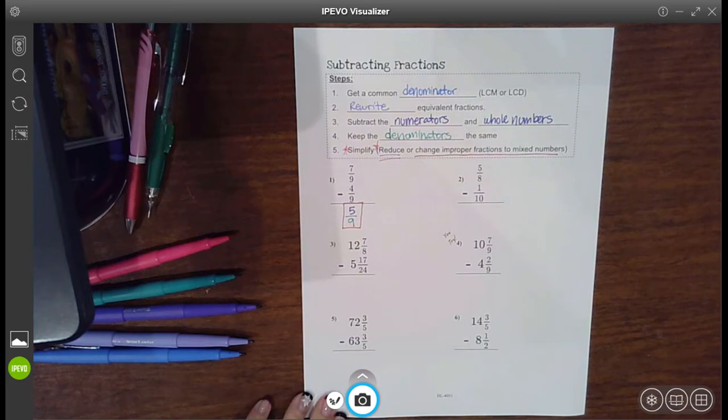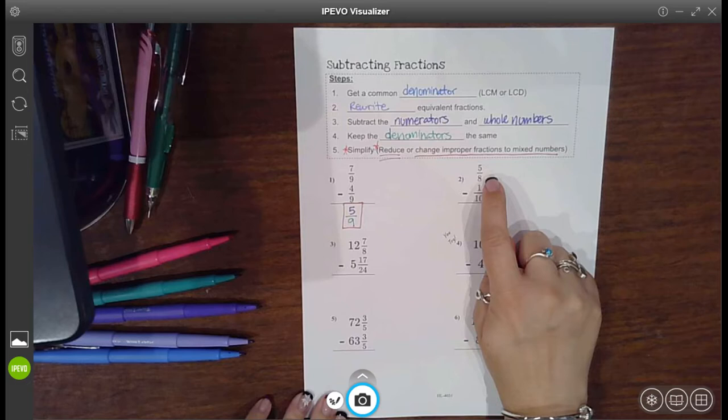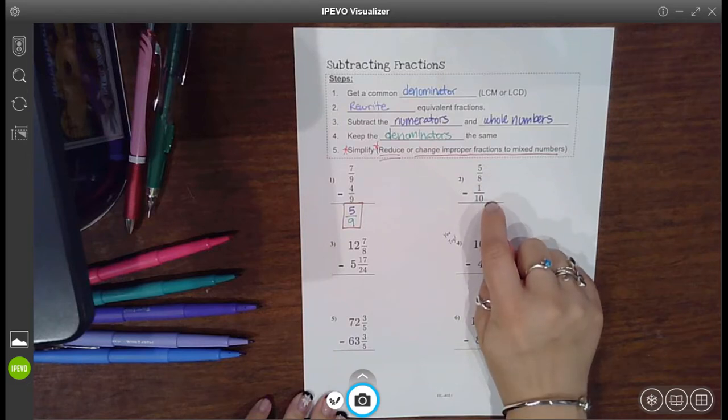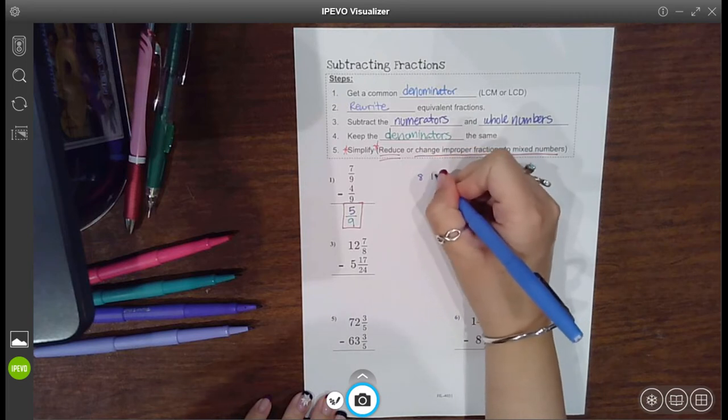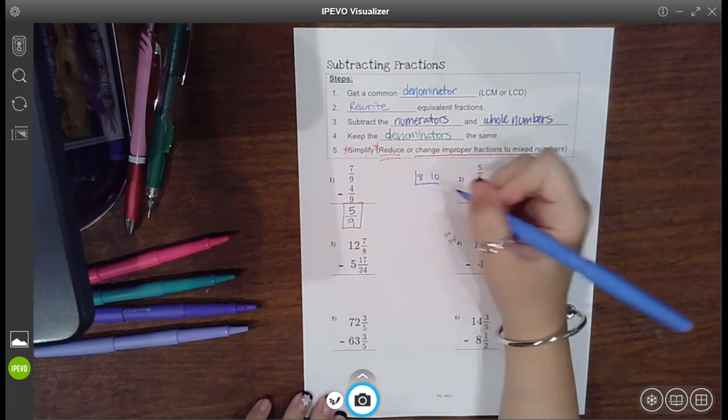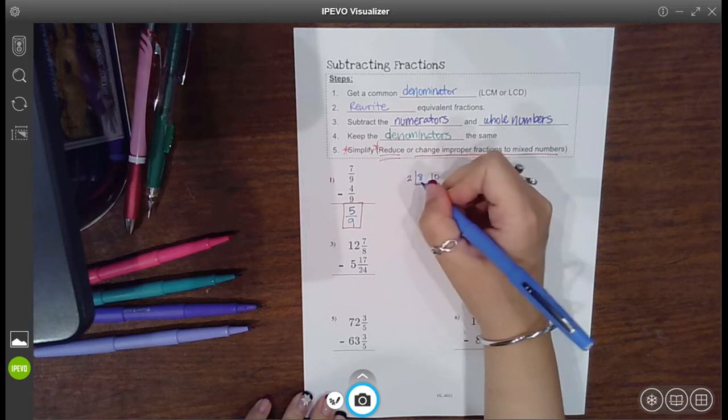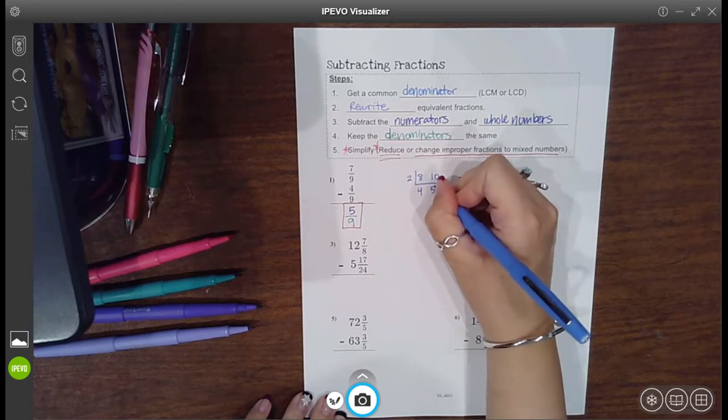Let's move on to a little bit more complicated. Number 2 has a denominator of 8 and 10. Are those common? No. So to find a common denominator, again, I said that we could do the LCM. So 8 and 10, 2 can go into both of those. 2 goes into 8 4 times. 2 goes into 10 5 times.